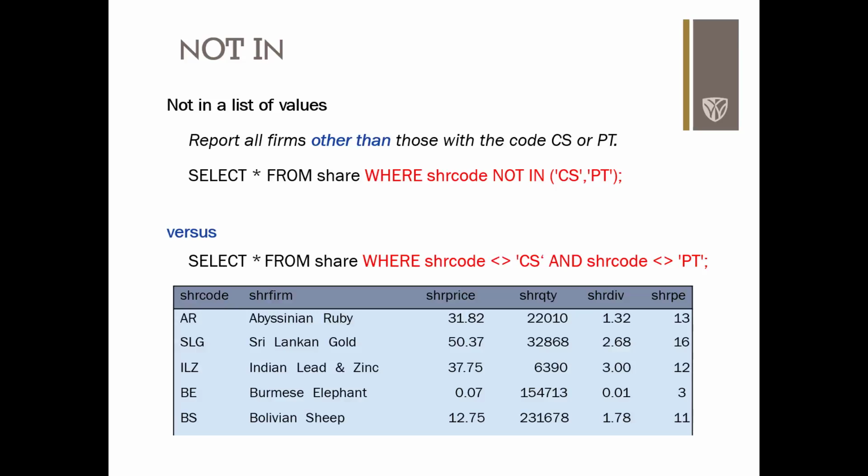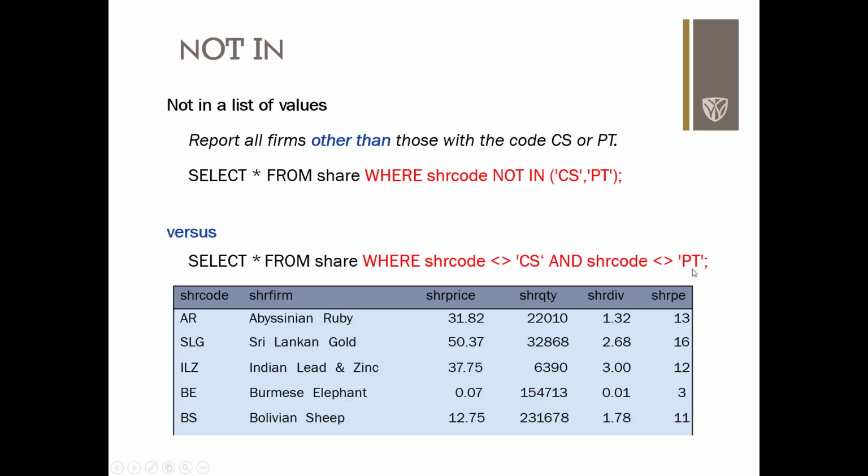Similarly, we can use the not in qualifier to identify values which are not in a list. So we want to report all firms other than those with codes CS or PT. Option 1 might be to use select star from share where share code not equal to CS and share code not equal to PT.